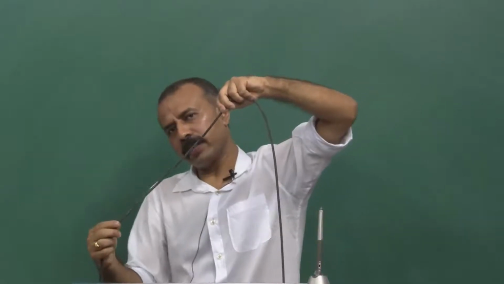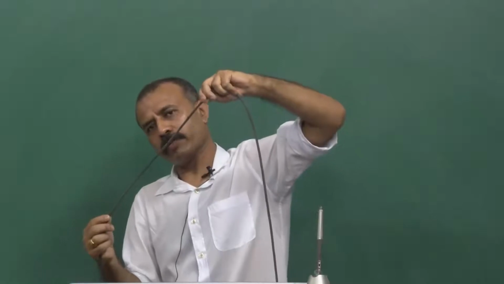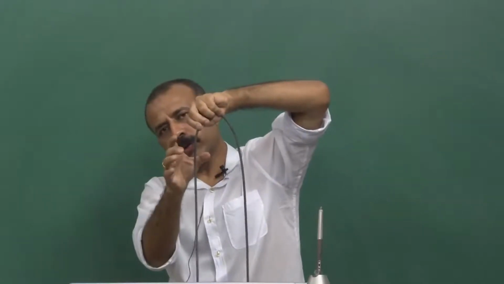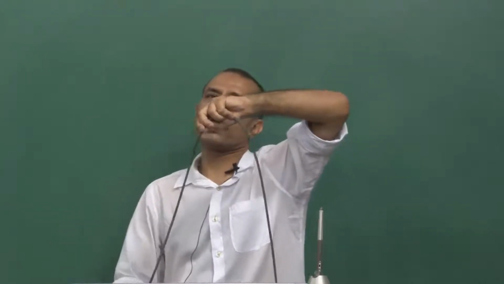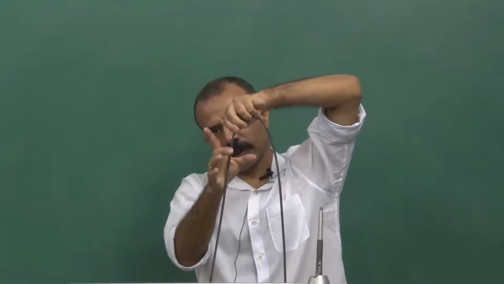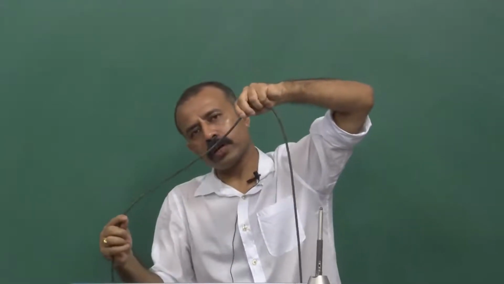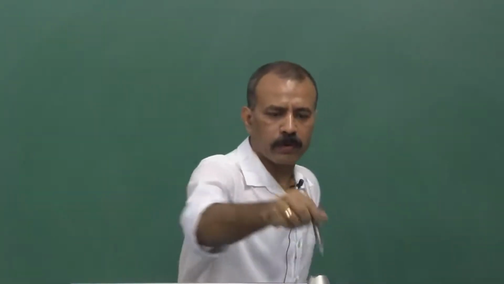This black colored wire is your SA to AV to bundle of His to Purkinje fibers. In and around it there is an induction effect, and that induction effect leads to the activation of the cardiac myocytes which are surrounding it. Is it making sense? So now I'll just draw the first diagram for you to understand.